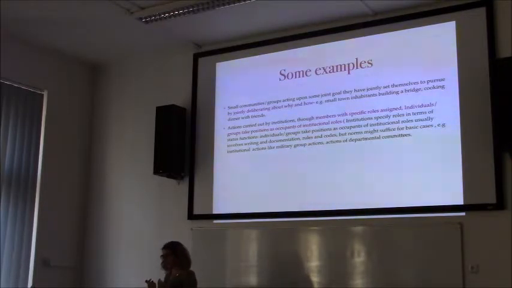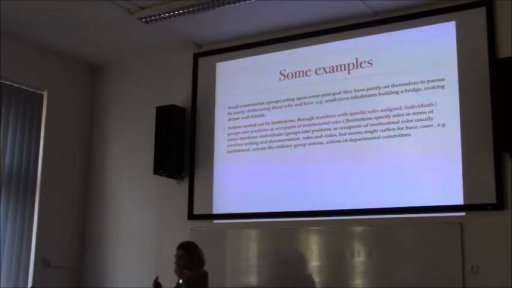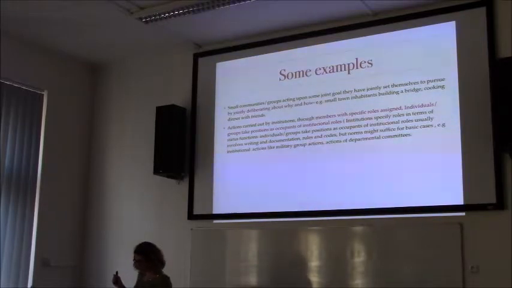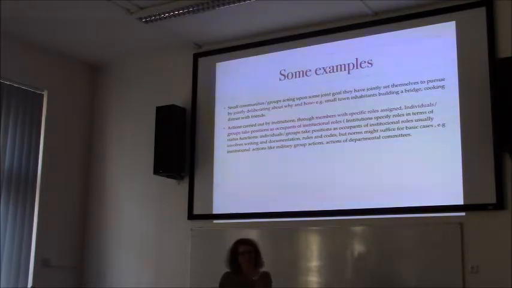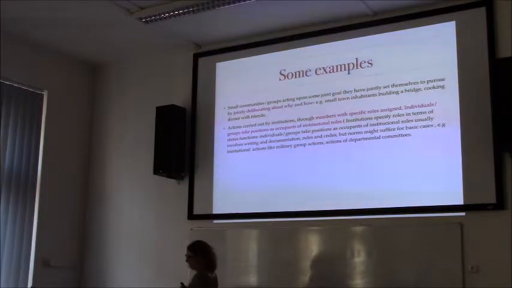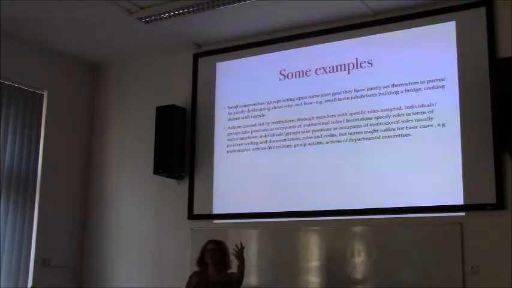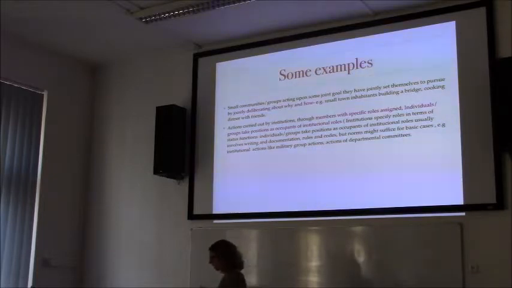And these actions are carried out through members of those institutions that have specific roles assigned, individuals that take positions as occupants of institutional roles. And you might think that in order for this to happen, a number of things have to be in place, so there have to be special kinds of instructions and maybe rules or norms that specify who has each function.